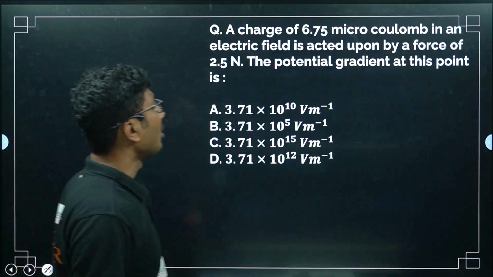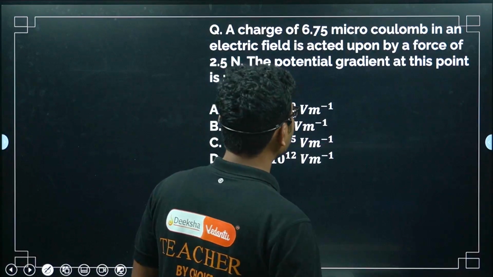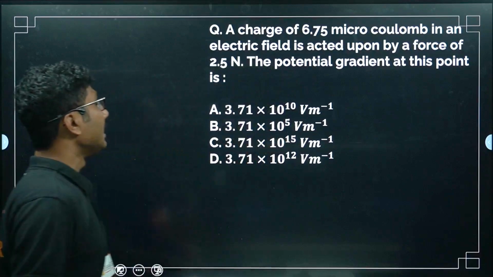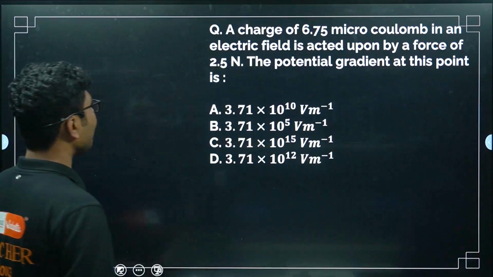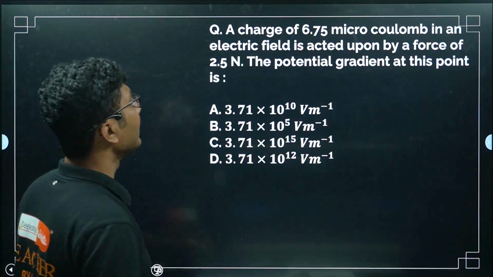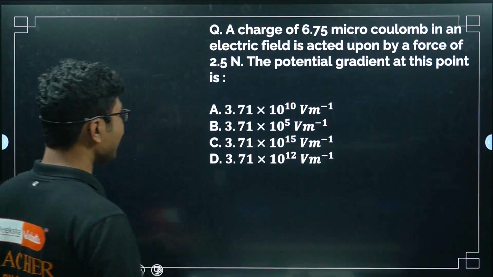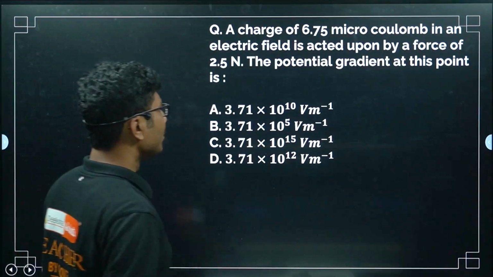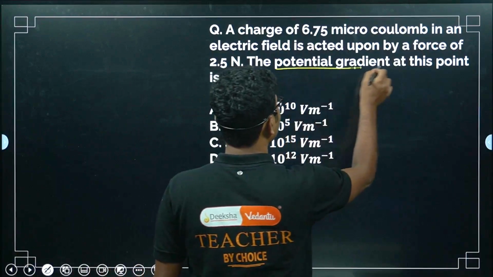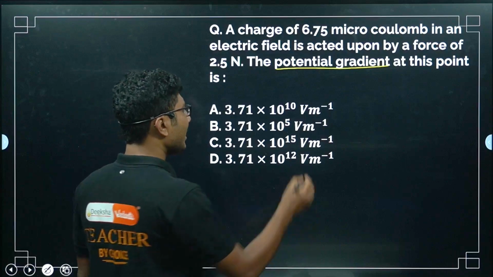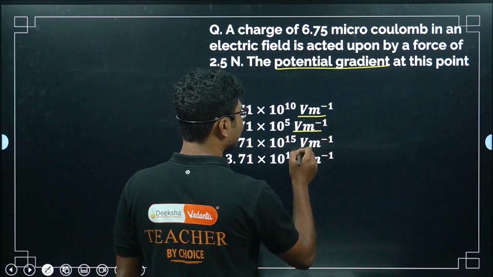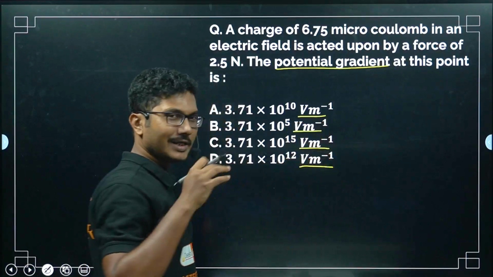A charge of 6.75 microcoulomb in an electric field is acted upon by a force of 2.5 Newton. The potential gradient at this point is, okay, so potential gradient is a new term, but if you look into the units for the given answer, it is quietly hidden.